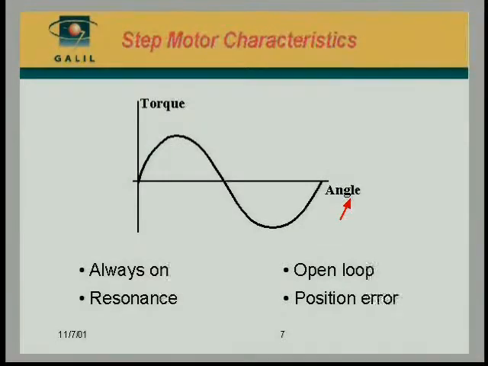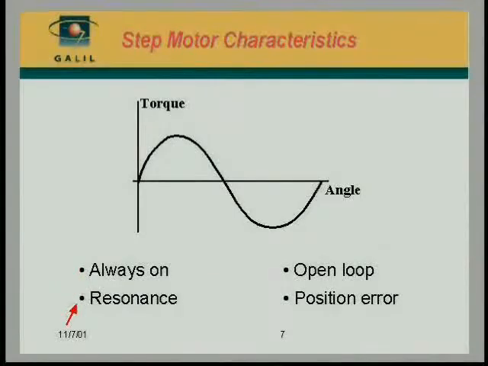As a result, we always make sure that the torque is available, and that could be done by energizing the phase at all times. This implies that the stepper motor is going to run hot because it's always turned on. Stepper drivers would reduce the level of the current once the motor is sitting at one point, to 60% of the value or something of that type, but still it runs always on.